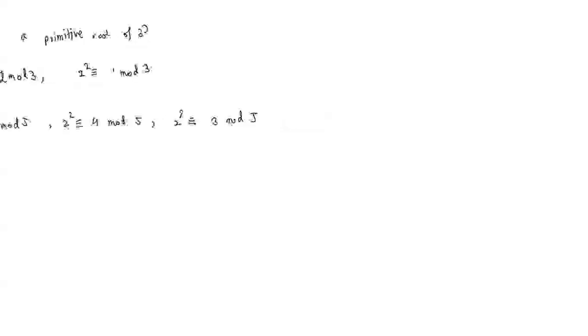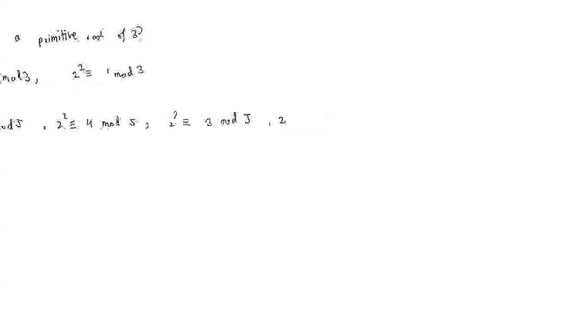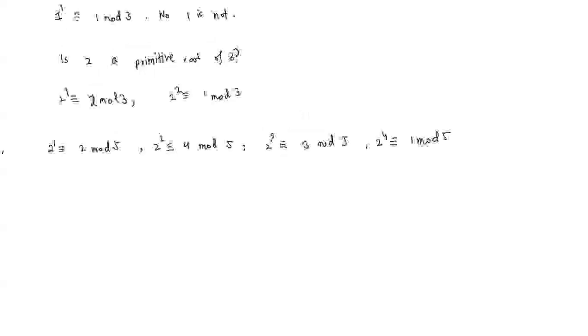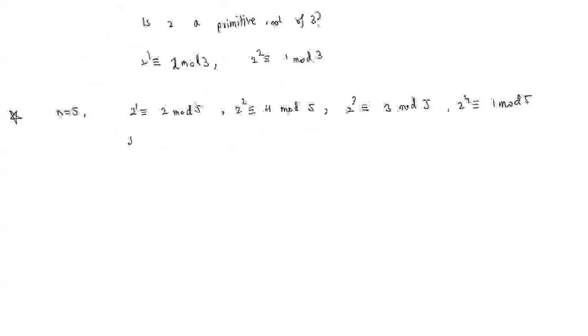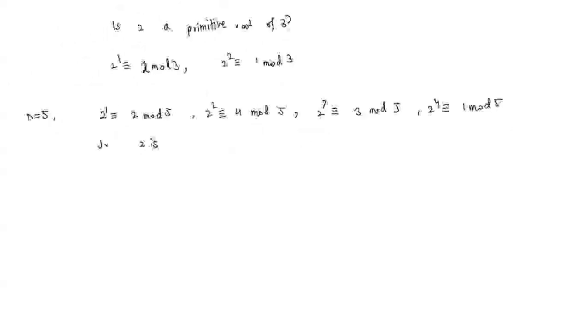And 2 to the power 4 is 1 mod 5. So it is a primitive root, because 4 is the order and 4 is 5 minus 1, which is phi of 5. So 2 is a primitive root.